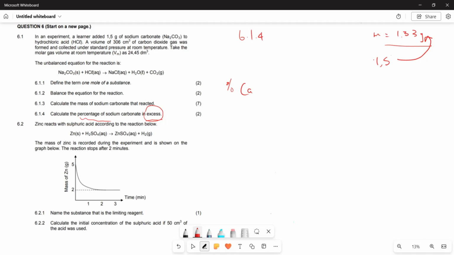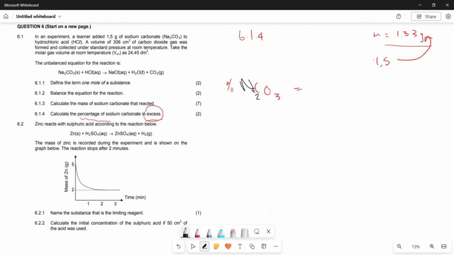They are looking for sodium carbonate. Your percentage here is going to be your CO3. I'm making a mistake here. This is not calcium carbonate, but sodium, and your sodium is Na.